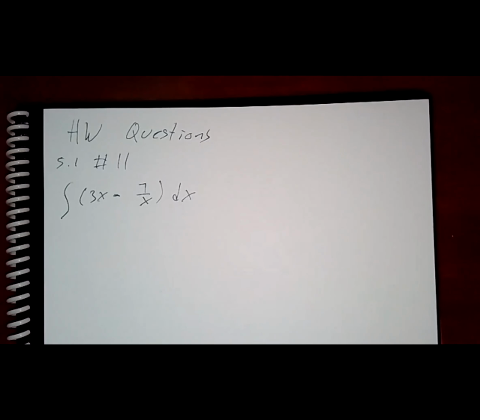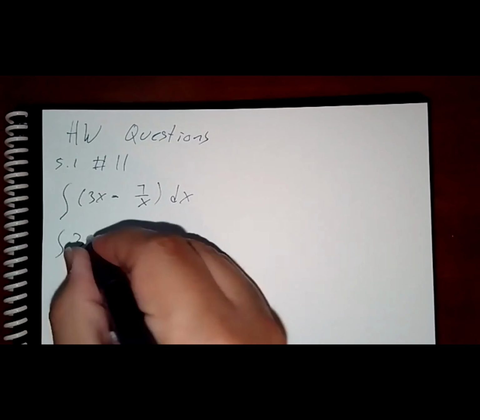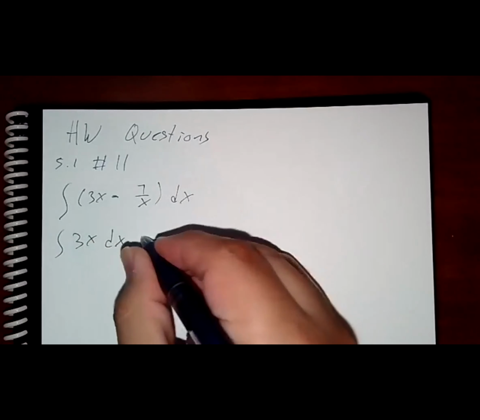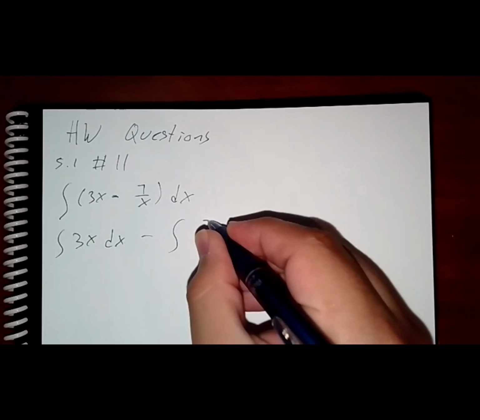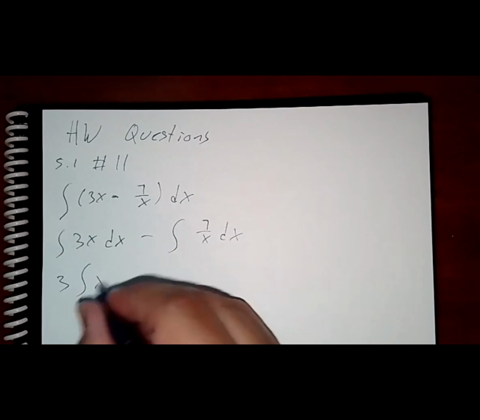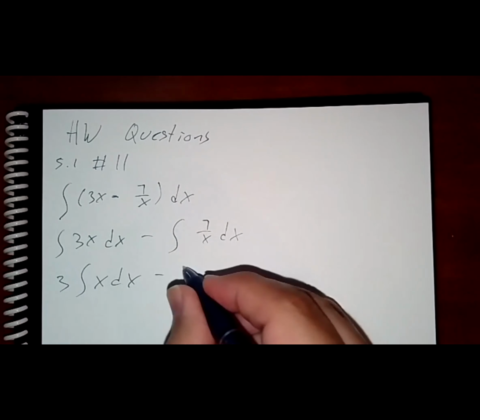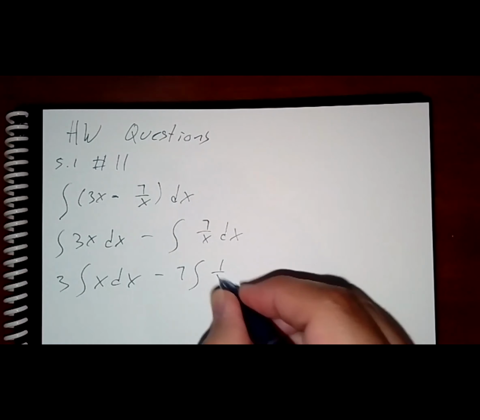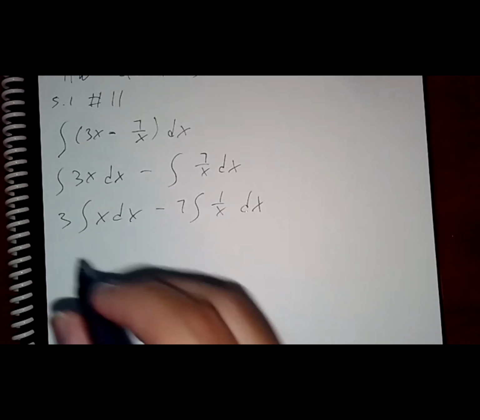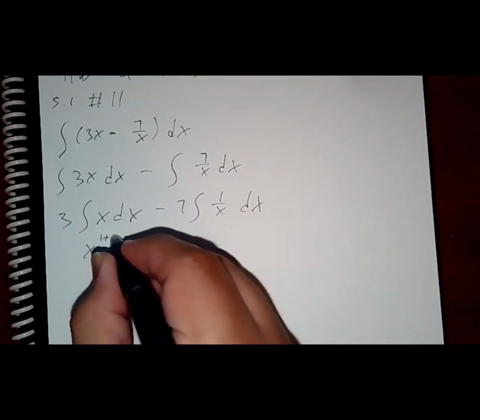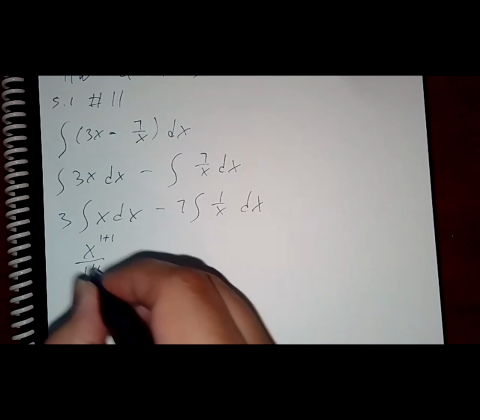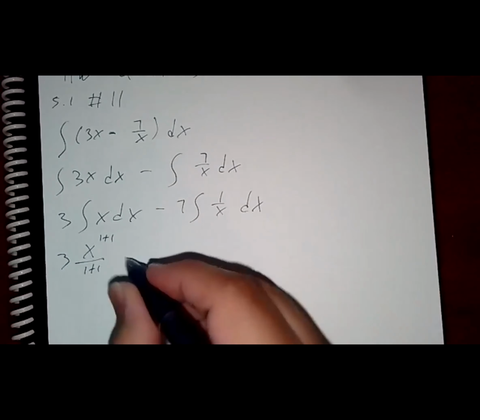All right, so integrate 3x minus 7 over x dx. We can separate them, that's what the rule said. We can also pull out the constants. Integral of x to the 1 is x to the 1 plus 1 over 1 plus 1, and that 3 is right there.